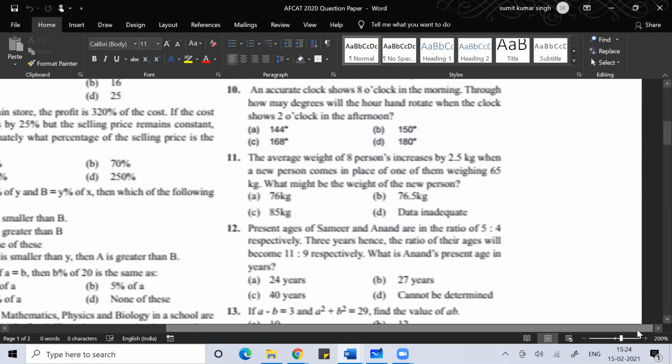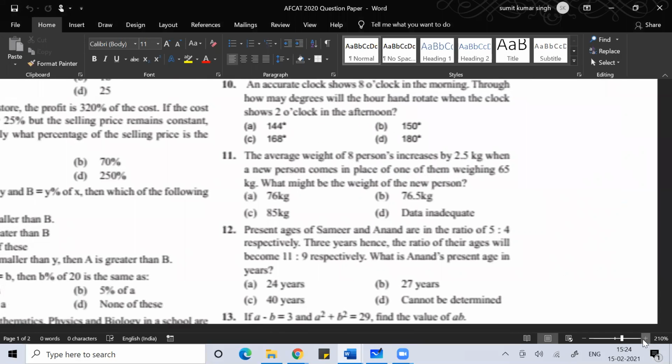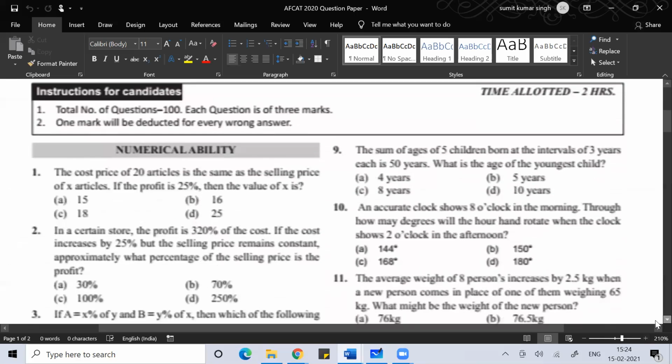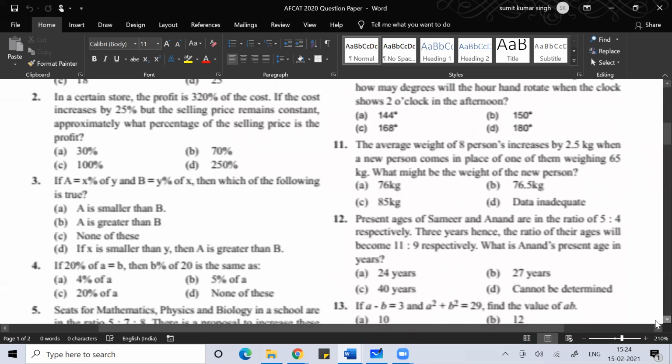The average weight of 8 persons increases by 2.5 kg when a new person comes in place of one of them weighing 65 kg. What might be the weight of the new person?